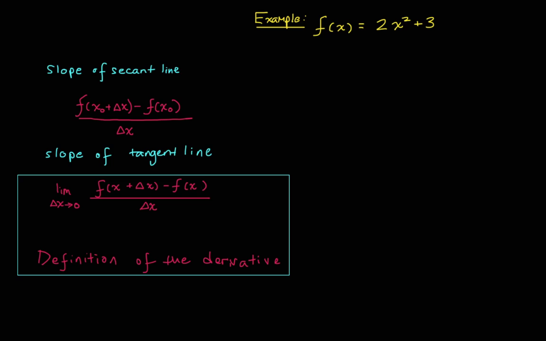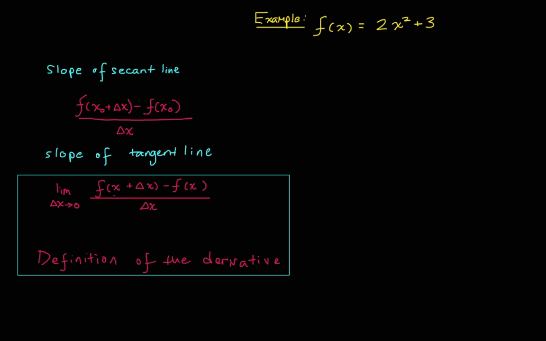Okay, let's consider this quadratic equation. This function is 2x squared plus 3. So we're interested in finding the derivative of this function. I should say one more thing about what this is actually telling us, because remember, when we had the x naughts here, it was defining the slope of the tangent line at a specific point on that curve.